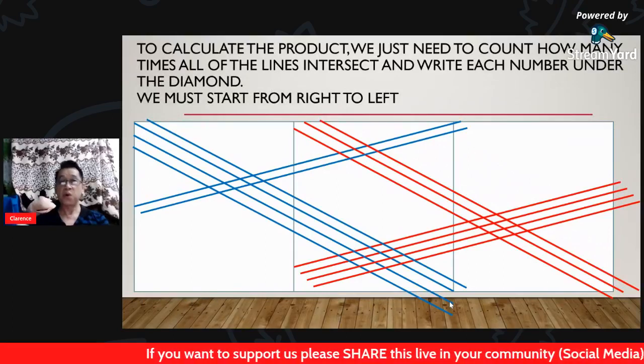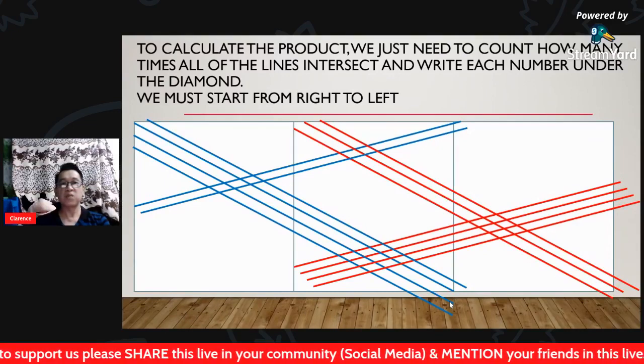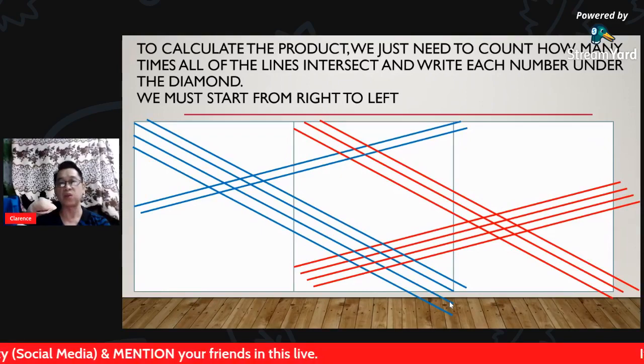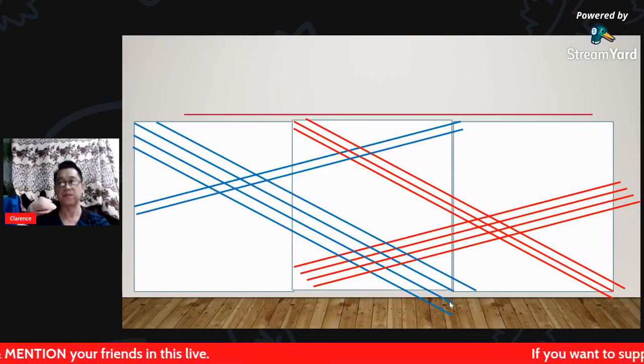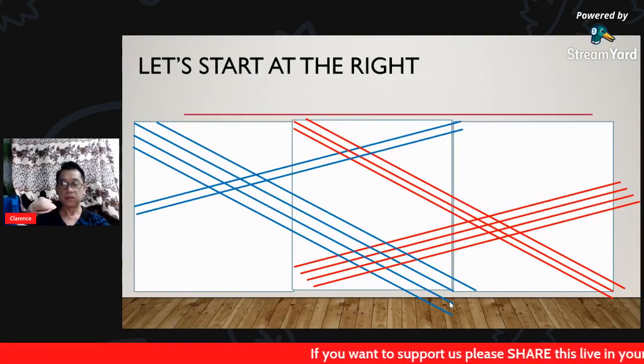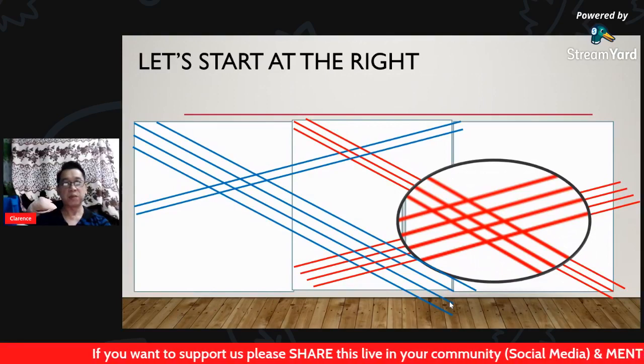So now, to calculate the product, we just need to count how many times all the lines intersect and write each number under the diamond. Again, we're going to start from right to left. Okay, let's start from the right.